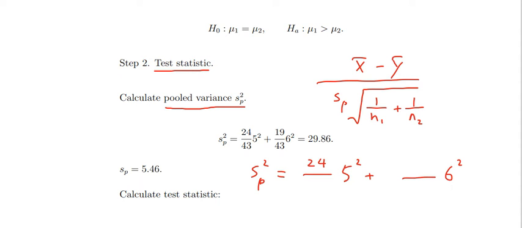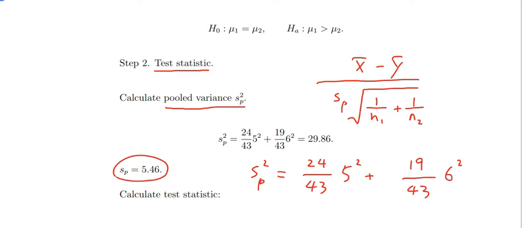Then the total degree of freedom, 24 plus 19, is 43, right? So 43. Okay, so use this formula. We can find the pooled variance equals this, and Sp, the pooled standard deviation, equals this.